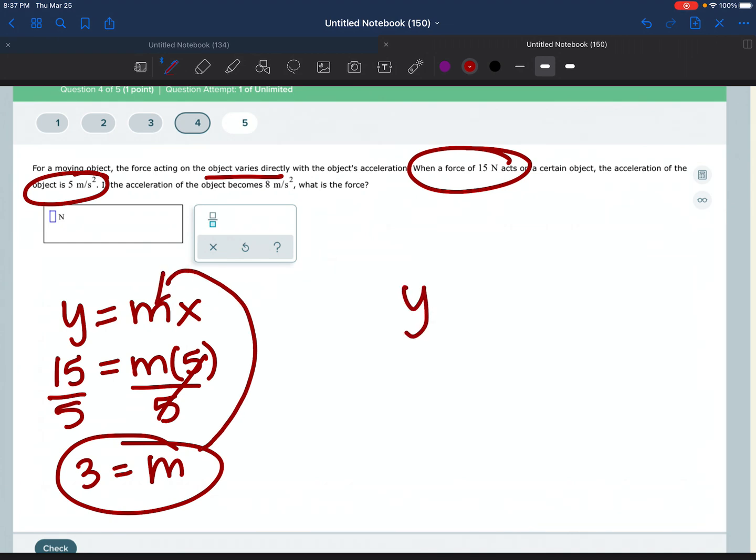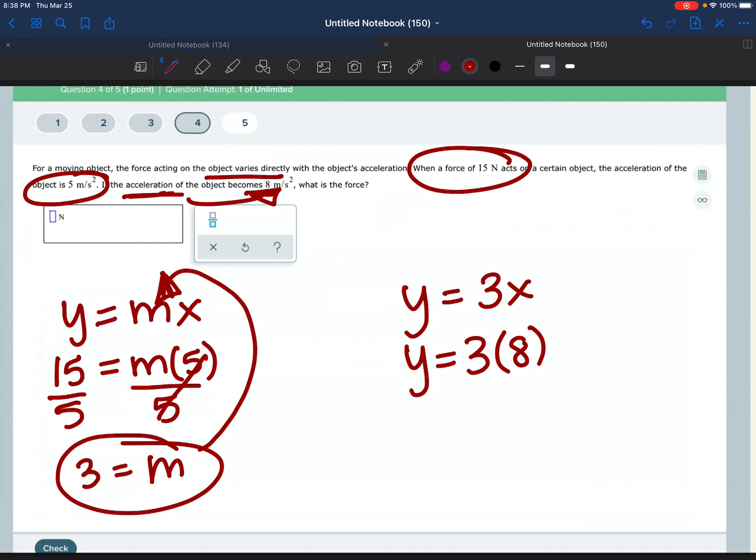So then we rewrite this equation. Instead of y equals mx, you plug that in for m, so we get y equals 3 times x. Now this one's a little different. It says if the acceleration is 8 meters per second. Remember, last time it gave us a new force; this time it gives us acceleration.